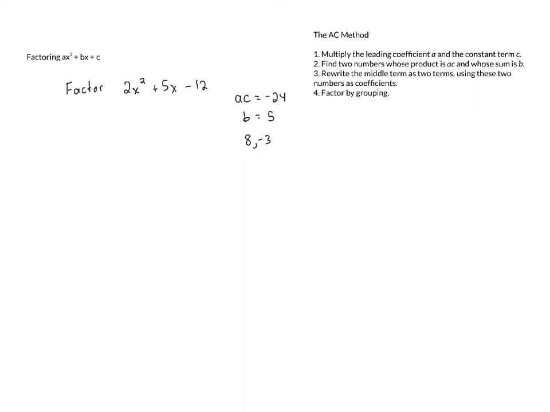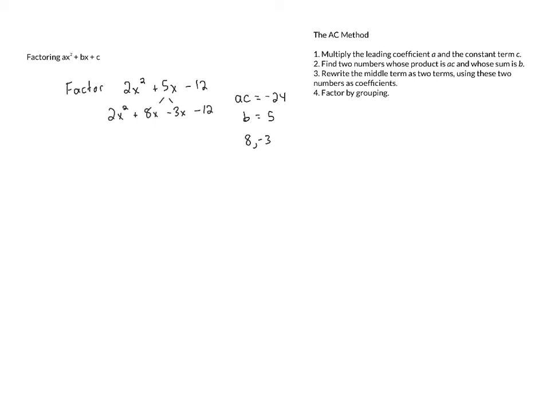Now this is where the AC method is a little bit different from what we've seen before. It tells us to rewrite the middle term as 2 terms using these 2 numbers as coefficients. So we're actually going to split that middle term, this 5x, and rewrite it as 8x minus 3x.